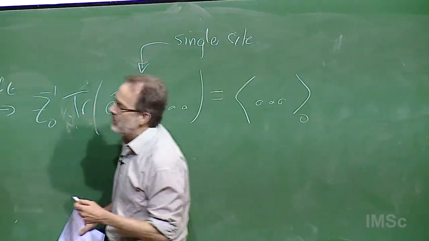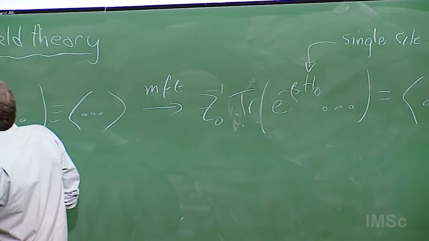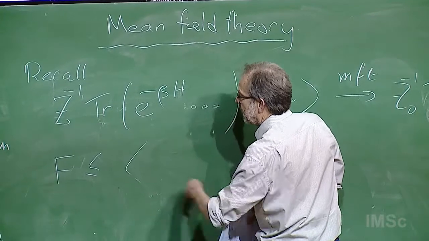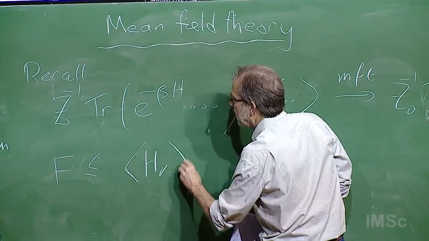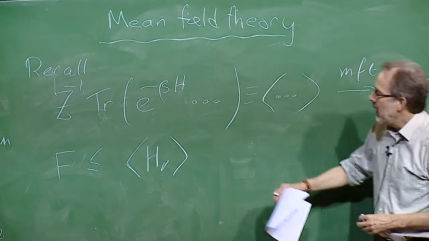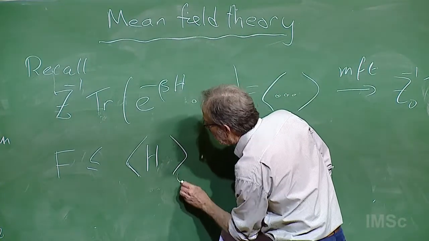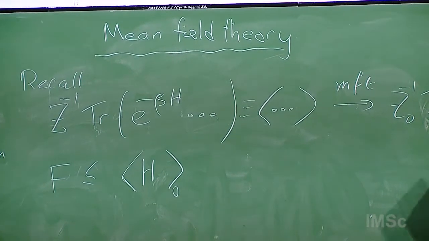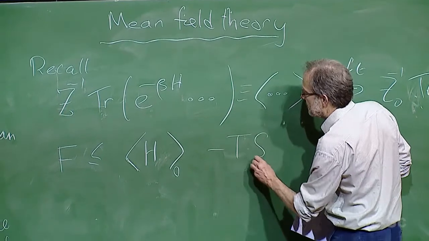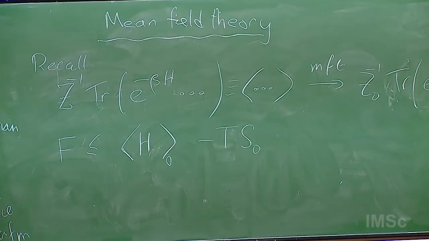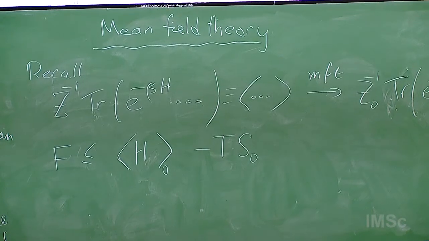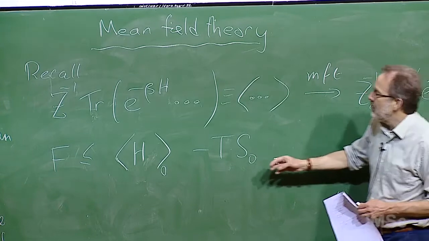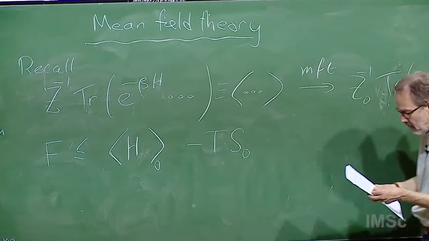And then the central result is that the free energy of the system we're interested in is bounded from above by the expectation of the Hamiltonian in this approximate thermal average less temperature times the entropy in the approximation. And then you choose the single site Hamiltonian so as to get the lowest upper bound on the free energy.